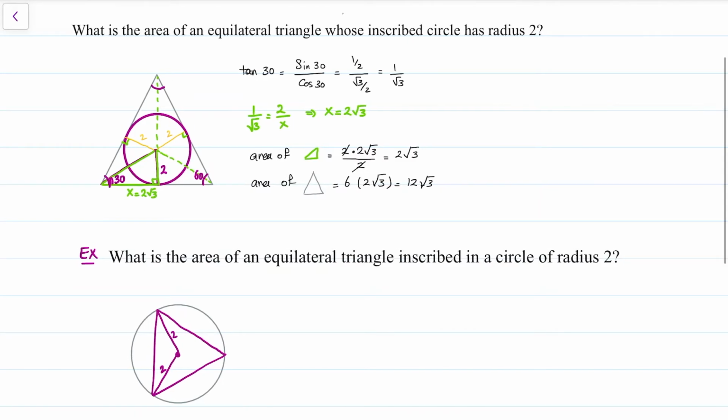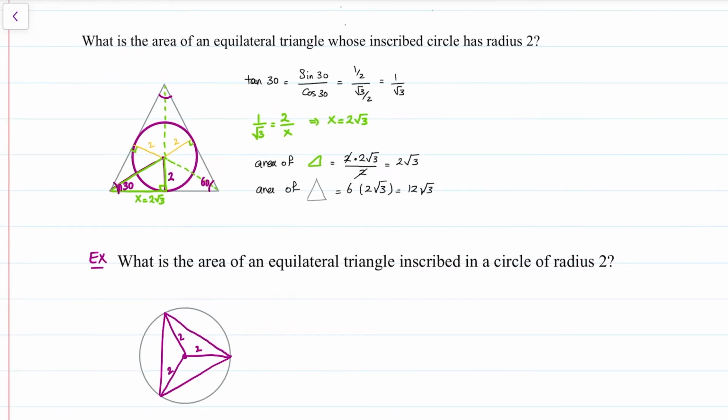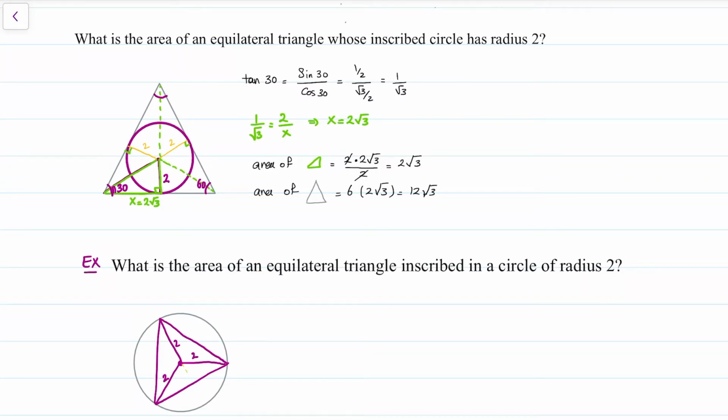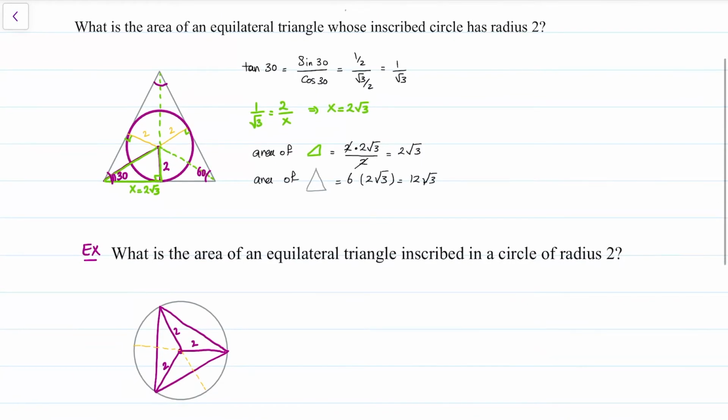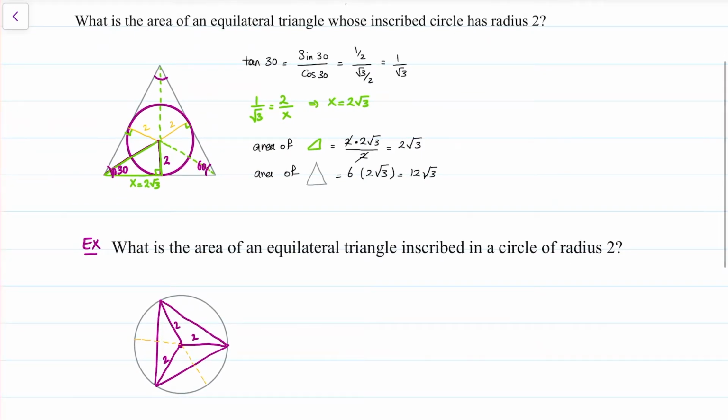Let me make it like this to have small triangles, with radius 2.